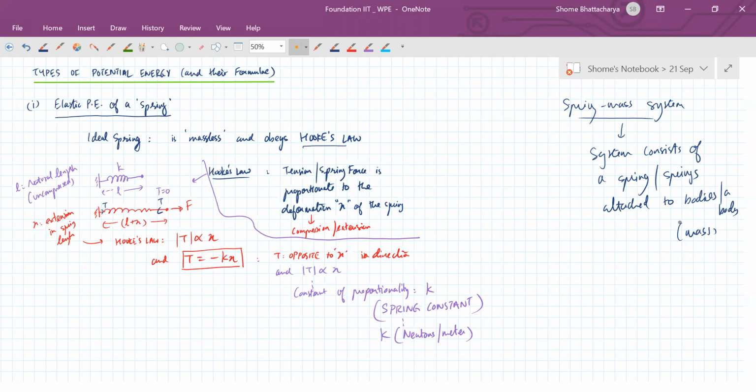That is the meaning of spring mass system. It doesn't mean a spring which has mass. The spring we consider will always be massless in the ideal spring case.